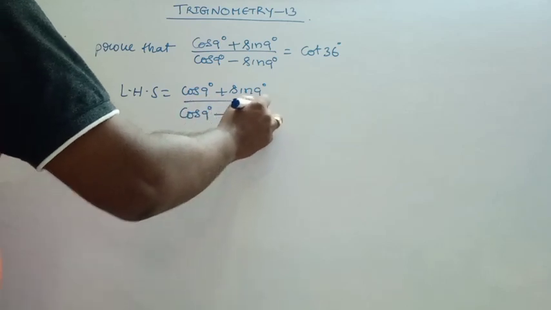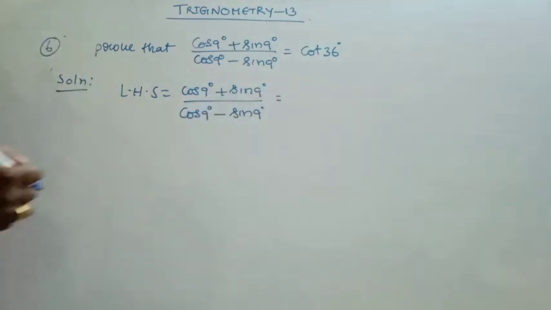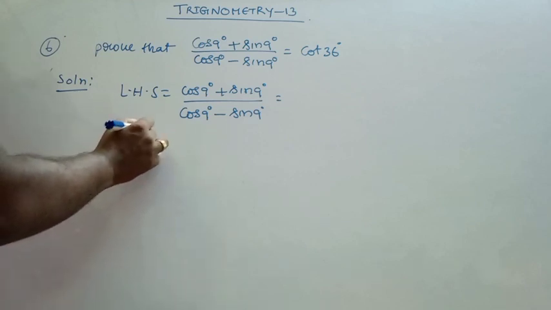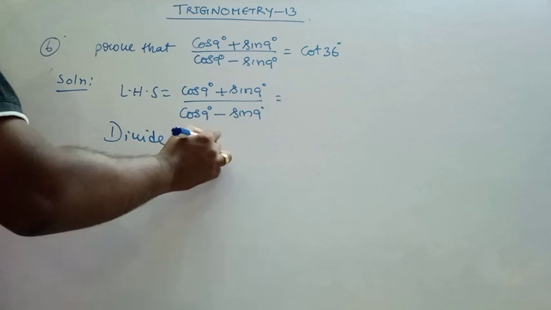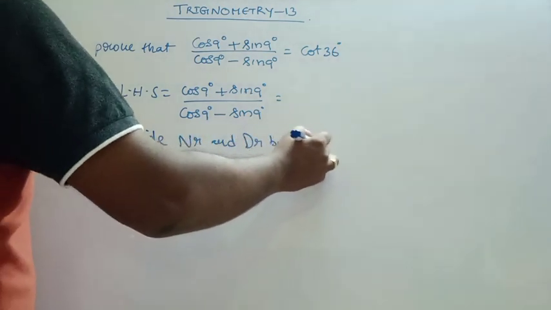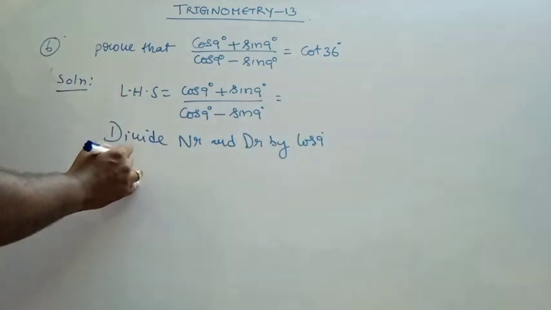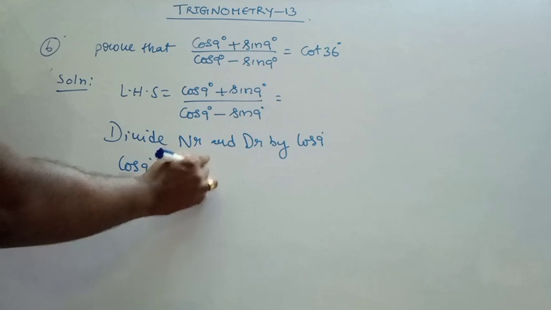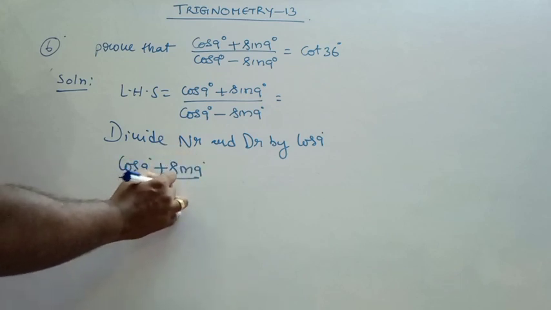What we do is divide numerator and denominator by cos 9 degrees. Then what you will be getting is (cos 9 degrees plus sin 9 degrees) whole by cos 9 degrees.